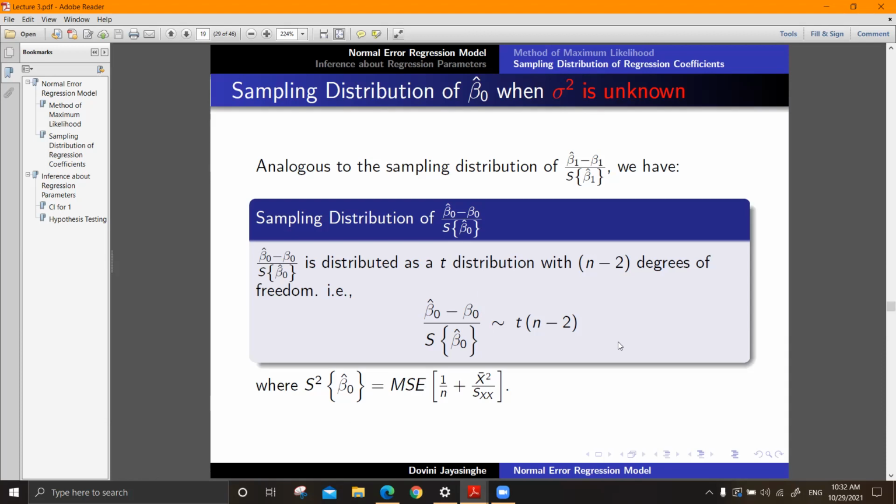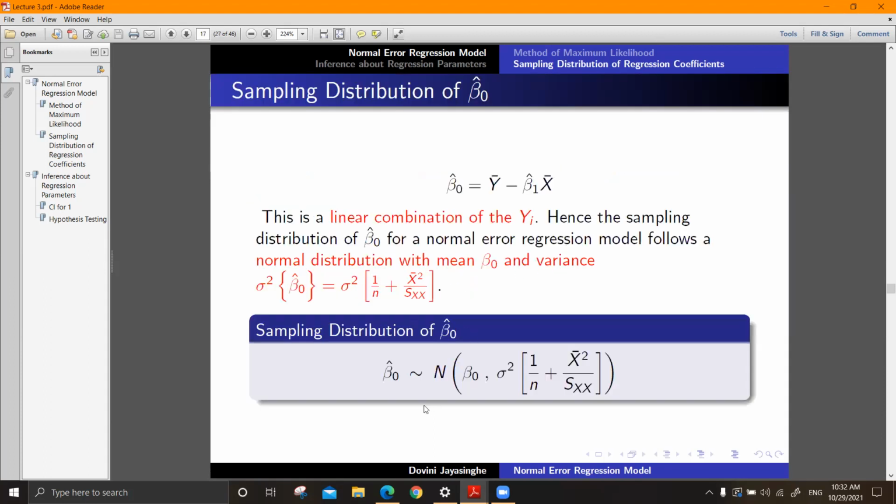If we don't know sigma squared, that quantity was distributed as t with n minus 2 degrees of freedom, just because we had to estimate the variance. In case we know the variance of beta naught hat, it simply follows a normal distribution.